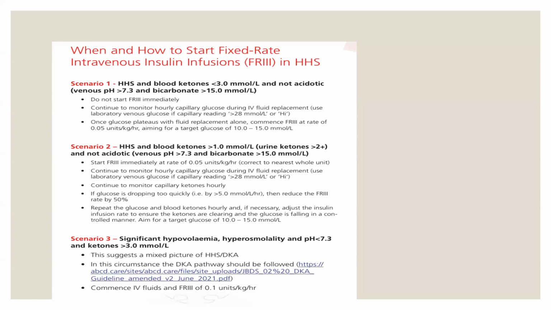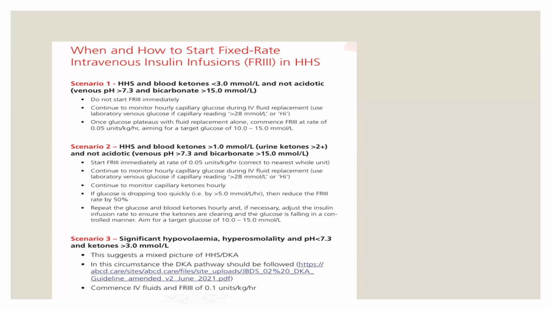Continue to monitor hourly capillary glucose during IV fluid replacement. Use the lab venous glucose if capillary reading is more than 28 mmol per liter. Once the glucose plateaus with fluid replacement alone, then commence the fixed rate insulin infusion at the rate of 0.05 unit per kg per hour, aiming for a target glucose of 10 to 15 mmol per liter.